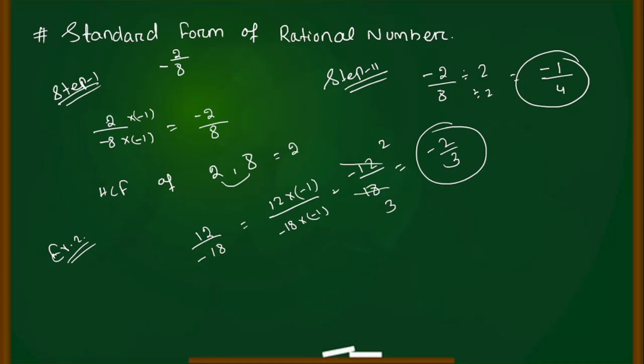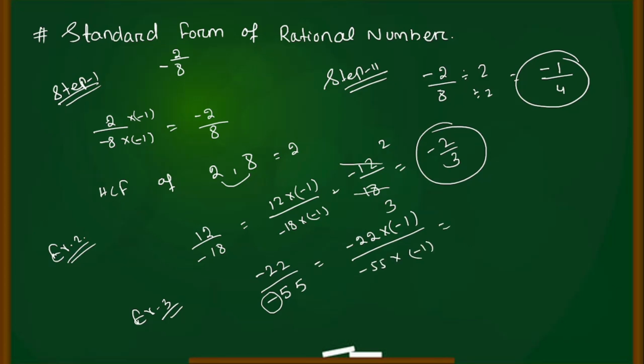Now another type, example 3. The question is minus 22 divided by minus 55, convert into standard form. How to convert? Here the denominator has a minus sign. So first we convert the minus sign into a plus sign, because in standard form the denominator is always positive. Yes or no? Now we multiply minus 22 by minus 1 and minus 55 by minus 1.